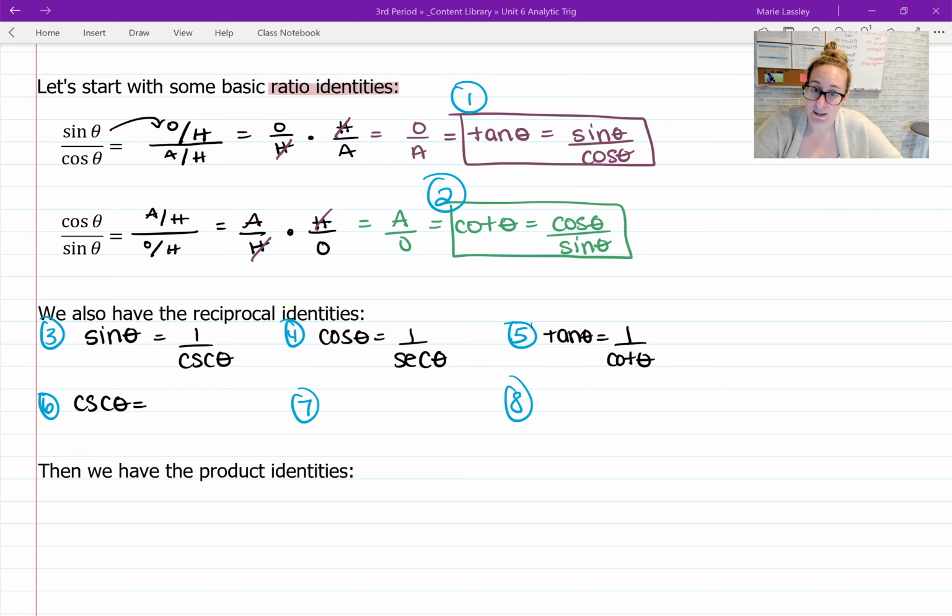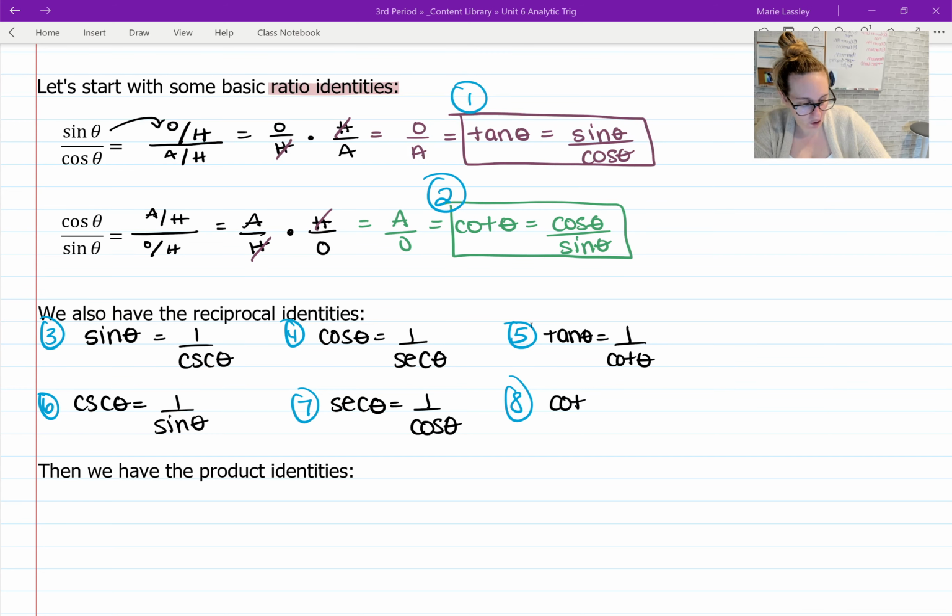If cosine equals 1 over secant, then secant equals 1 over cosine. This is what reciprocal means. And then last but not least, if tangent equals 1 over cotangent, then cotangent equals 1 over tangent. All right, those are the reciprocals.